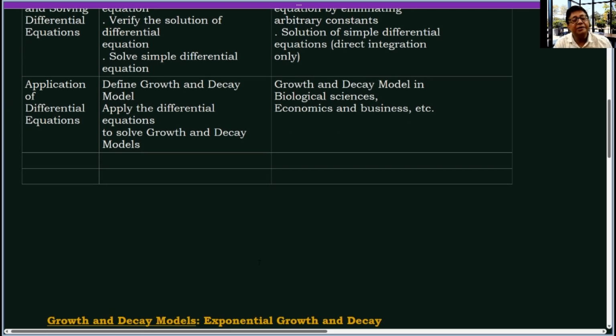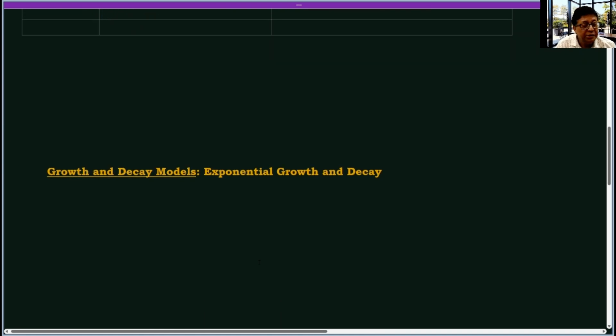So let me explain in brief what is growth and decay model. Just before I start, I ask you one question because you are doing commerce, whether you are an arts student or not, that doesn't matter here.